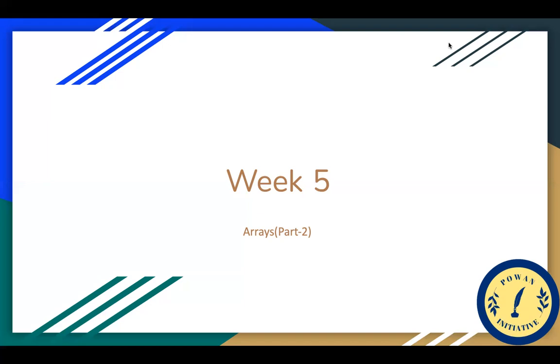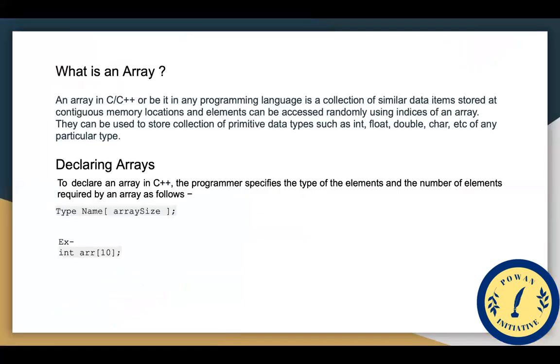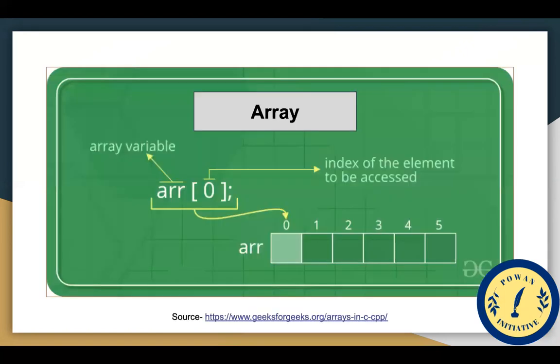So for the recap of week 5 part 1, we went through what an array is, considering it a collection of similar data type elements stored in contiguous memory. We learned how an array is declared.